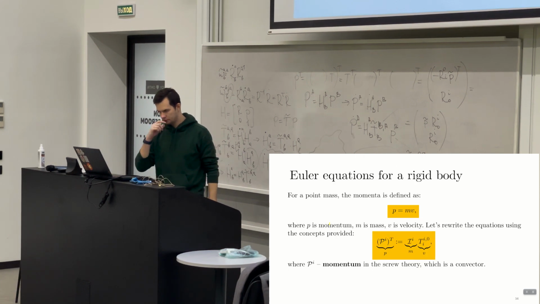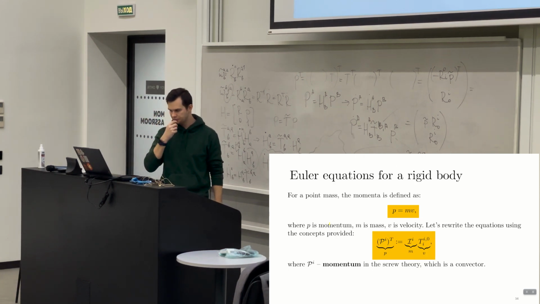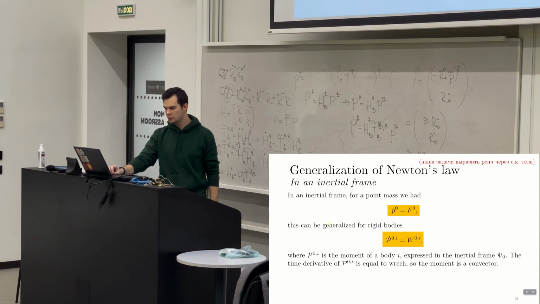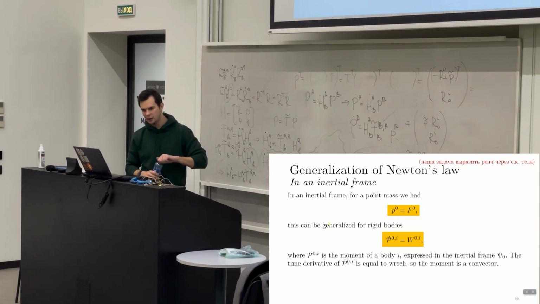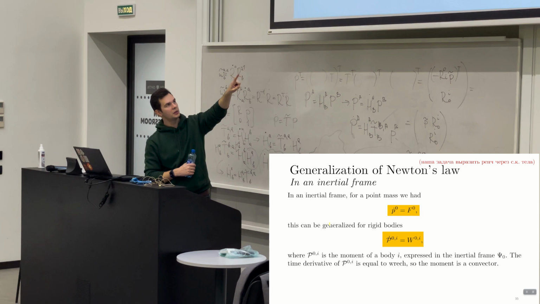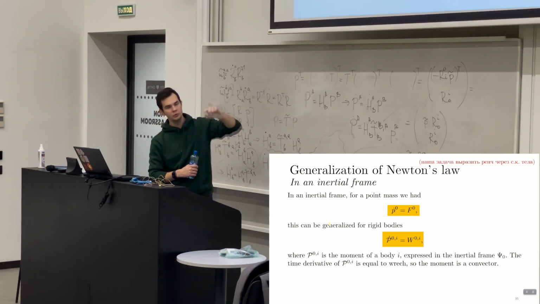So if we take the derivative of this momentum, it will be force, so it will be the wrench, but it is expressed in the inertial frame, not in the body frame. So momentum in the inertial frame is equal to the wrench.